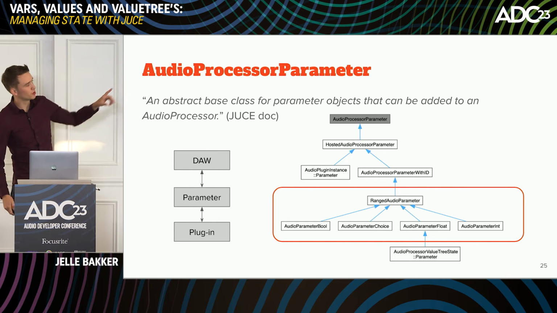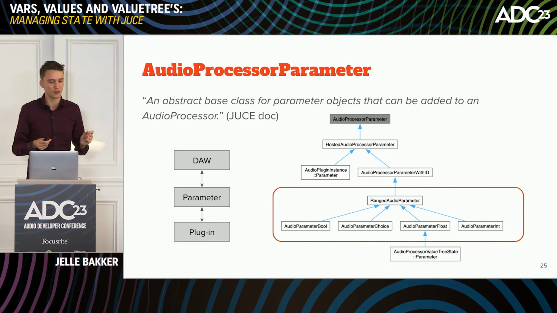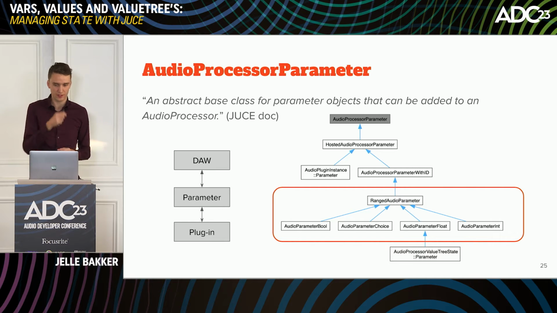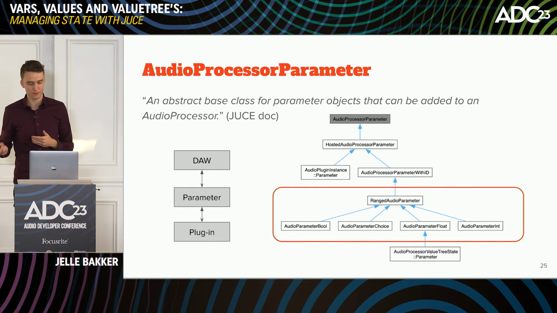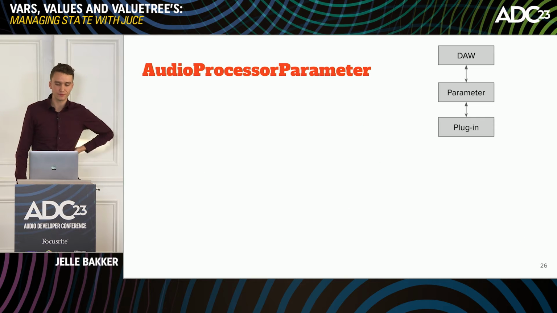I also want to point out that between the DAW and your parameter, from your JUCE perspective, there are of course going to be plugin formats. So JUCE encapsulates the plugin formats and all the parameter differences in this one class. So with JUCE, you generally don't do any specific VST or AU things explicitly; it's all encapsulated in this class.